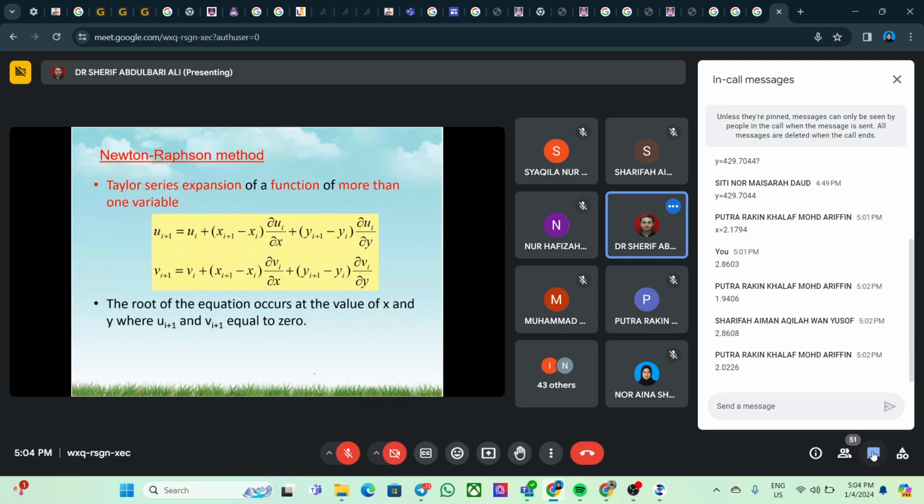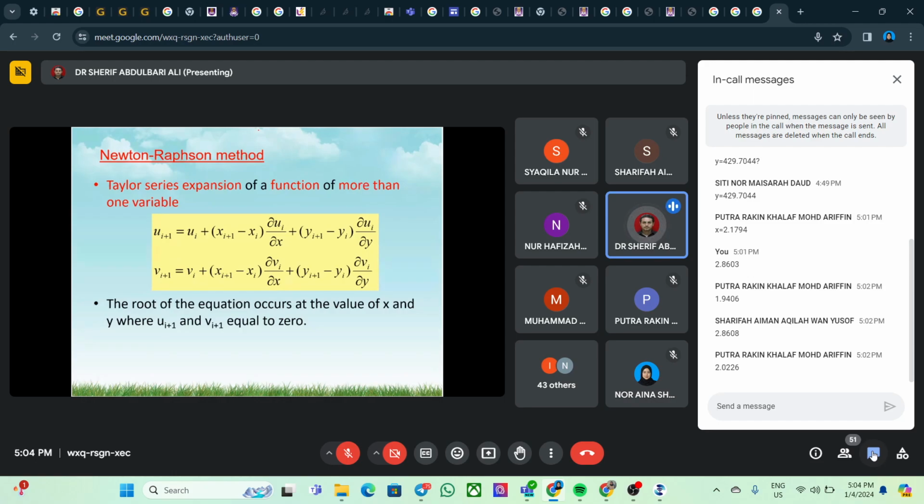Even though you are not going to get any question from Newton-Raphson methods for the nonlinear equations, in the assignment, midterm or finals, I have to explain to you how it works. So this is just for general information.